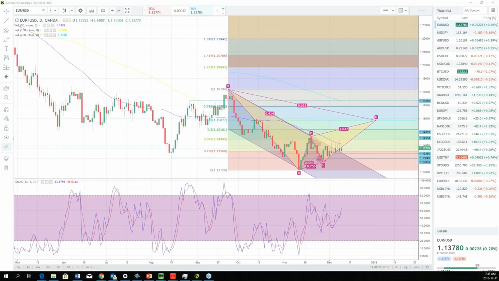What that would signify is that there could be an opportunity where price would then reverse back down. It's not targeting a major reversal back to the lows, but some traders would use this as an opportunity to take profit on a euro long position.